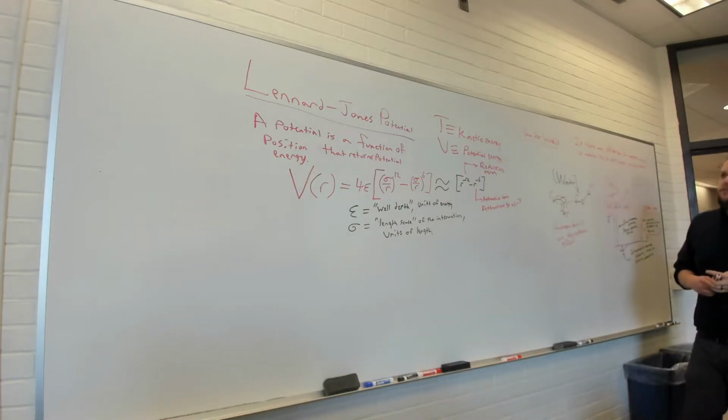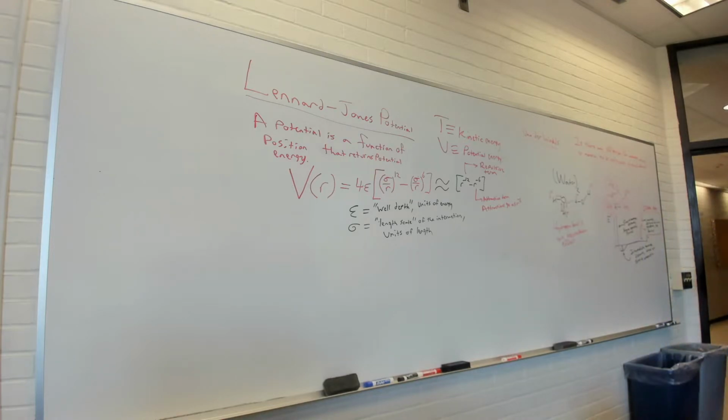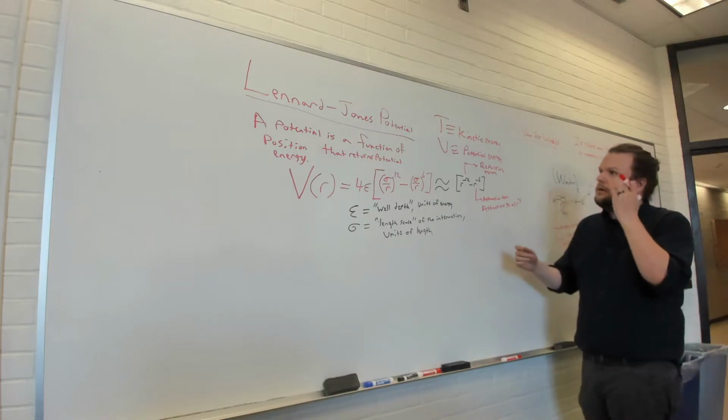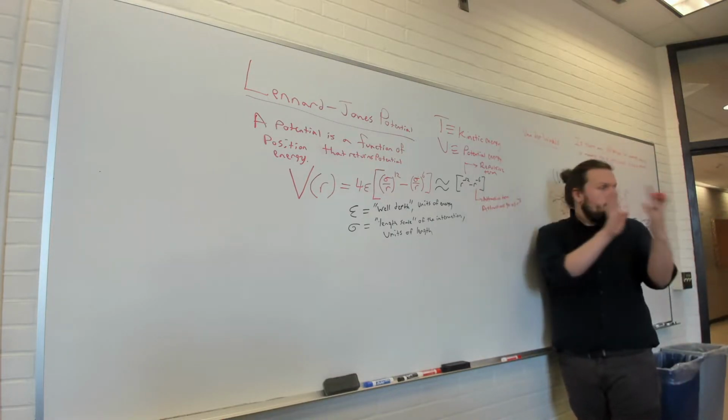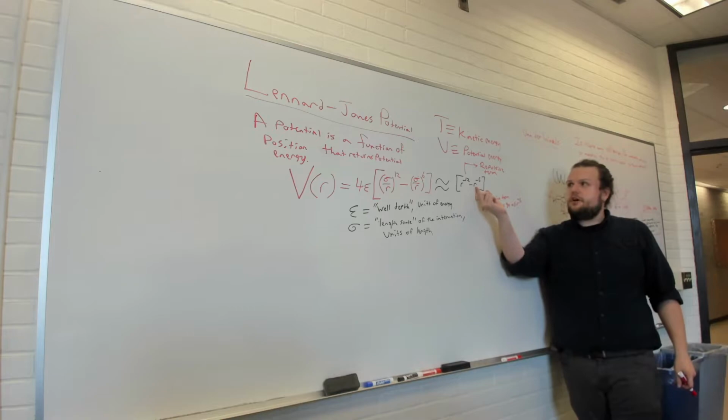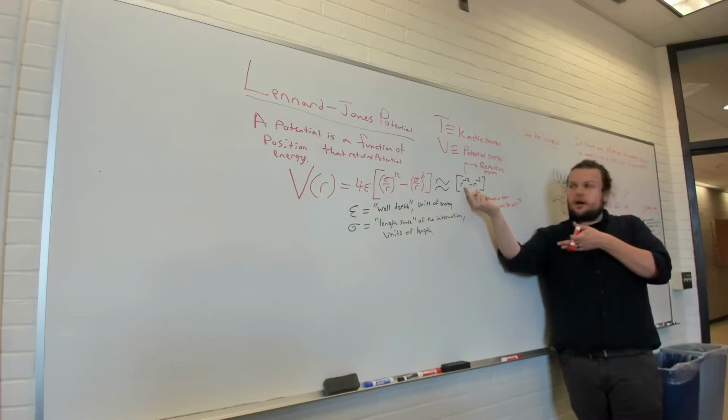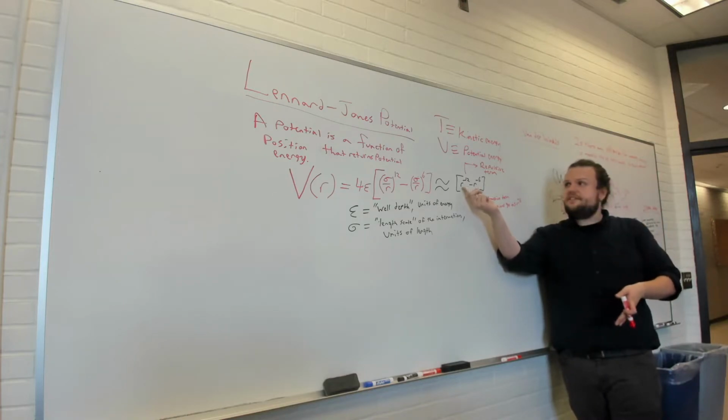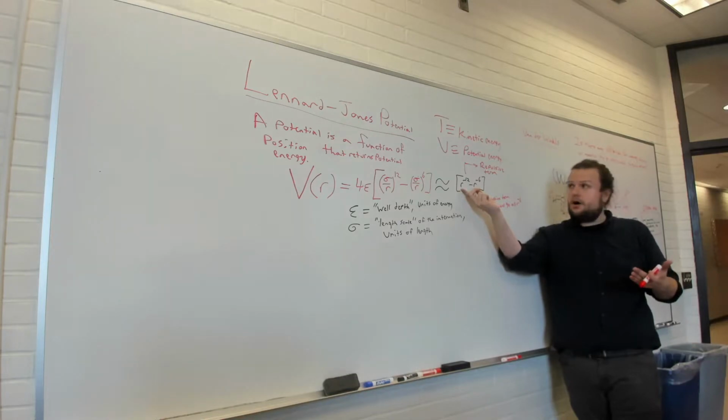So if you think about what this function looks like as a function of r, at very small r, where they're really close together, the r to the minus 12 term is much larger than the other. But as you extend the distances, the r to the 12th term gets very small, and eventually r to the 6th wins out.